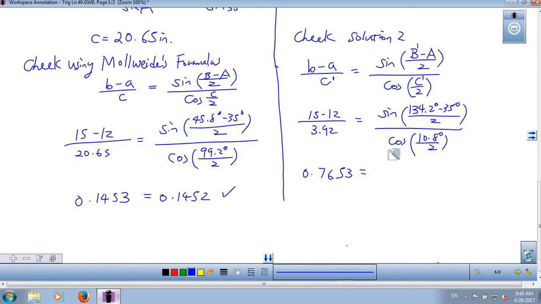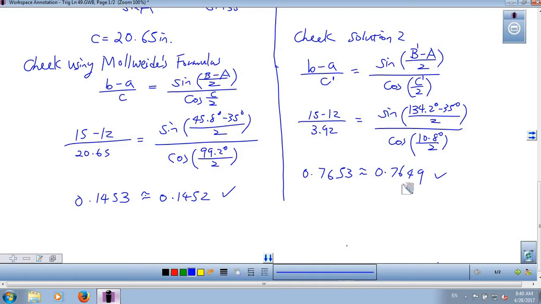This is sine, divided by cosine 10.8. Alright, so this one is 0.7649. So this is approximately the same. I know they're not exactly the same, and the round off error is a little bit greater than that one, but I think we're getting the right answer here.